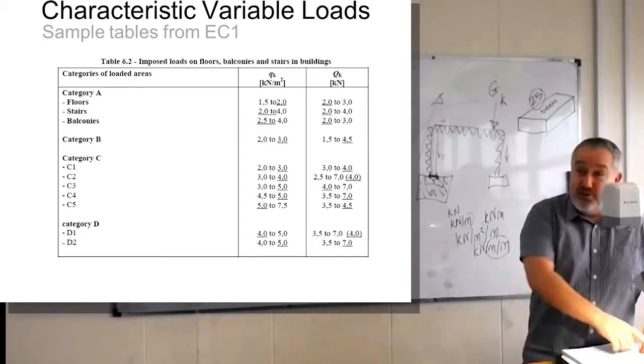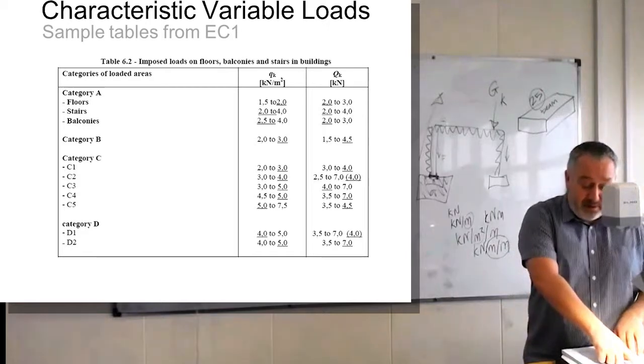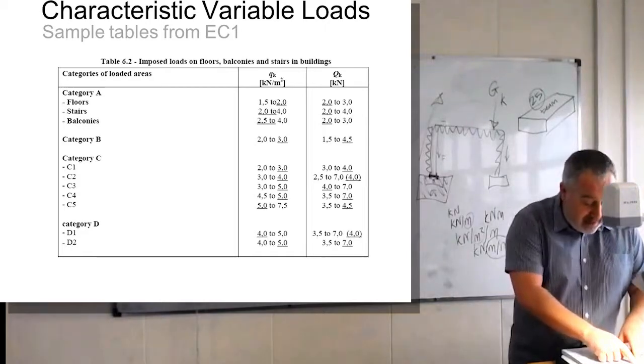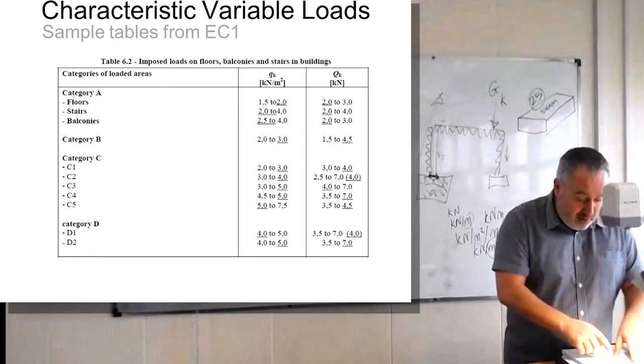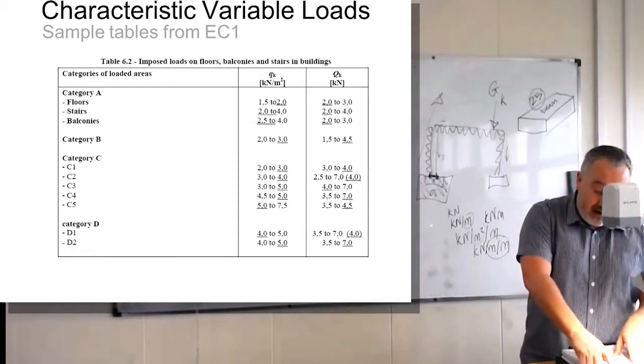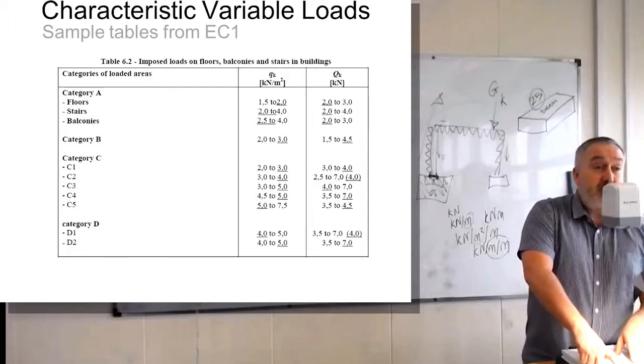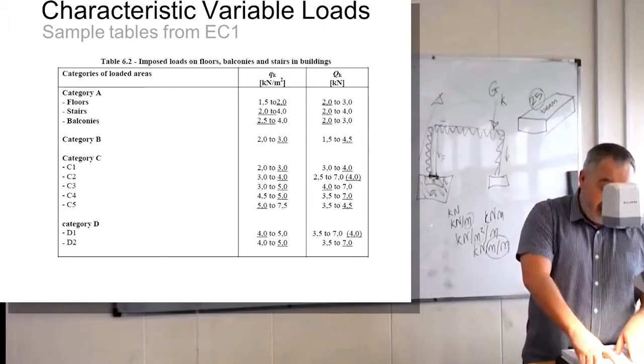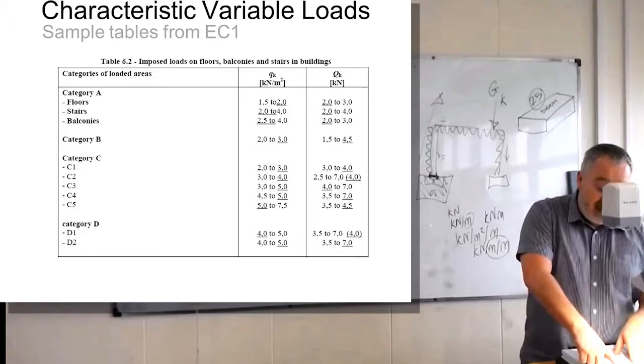So we're C2, jump into table 6.2, go down to category C2. What we have within this, we've got a small q and a large q. The small q is the one that you'll mostly use. Your small q is your UDL area load.